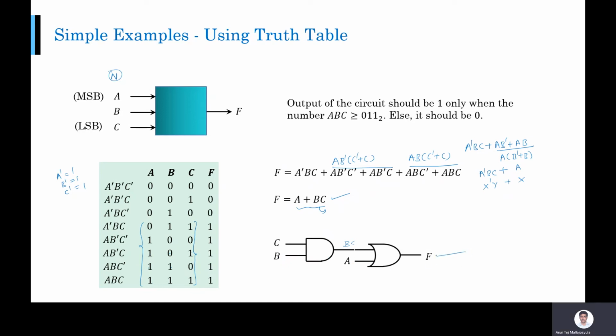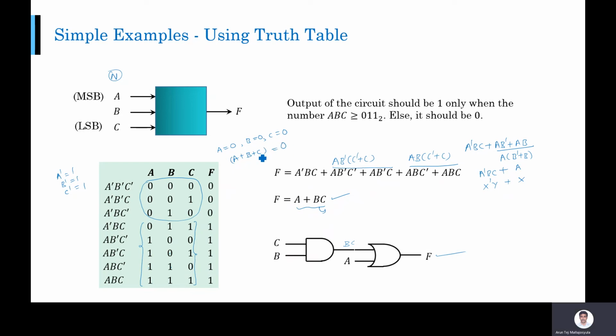So there is another way to realize this. There is another way to come to this expression by looking at the zeros. By looking at the zeros, we see that F is 0 for any of these three combinations, right? And so if I say A is equal to 0, B is equal to 0, C is equal to 0, then A plus B plus C will be equal to 0, right?